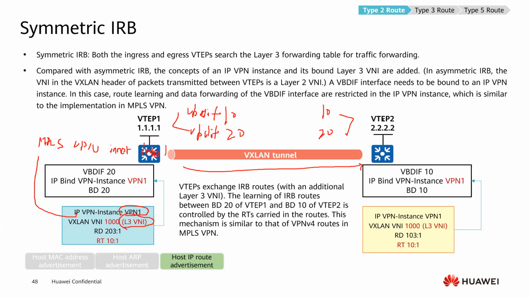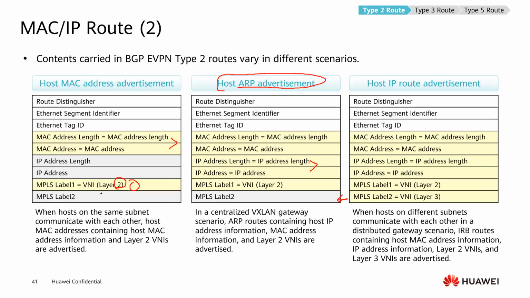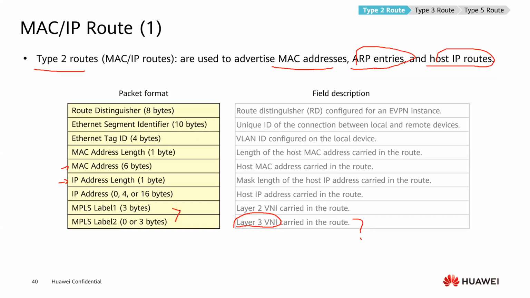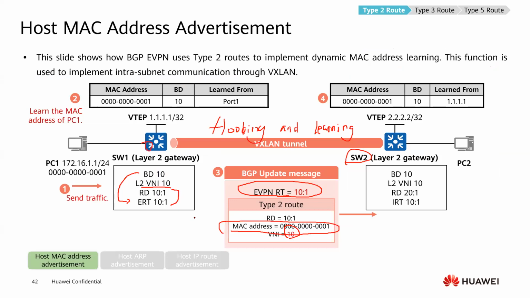It will check the level 3 VNI, and it will know which VPN instance this packet belongs to. So you will find that the level 3 VNI information, we also call it the MPLS label, just because it is something like the MPLS VPN label.